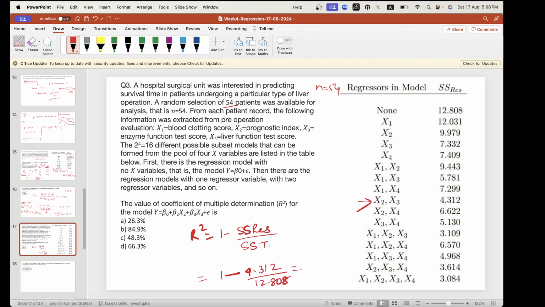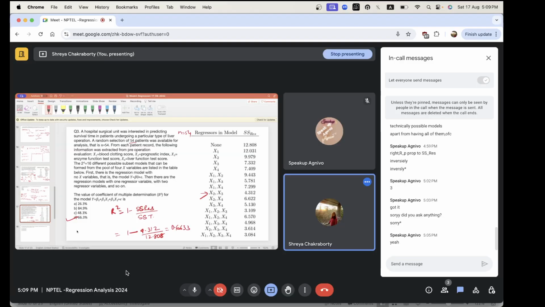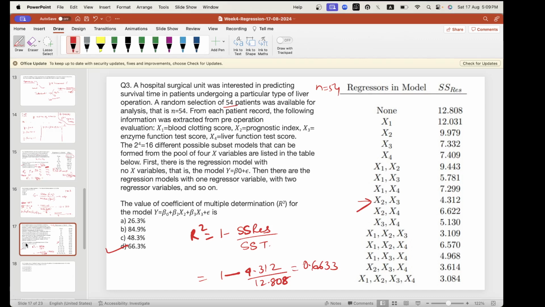So that would be 0.6633. So that is 66.3%. Alright. So I'll just move on to the next one.